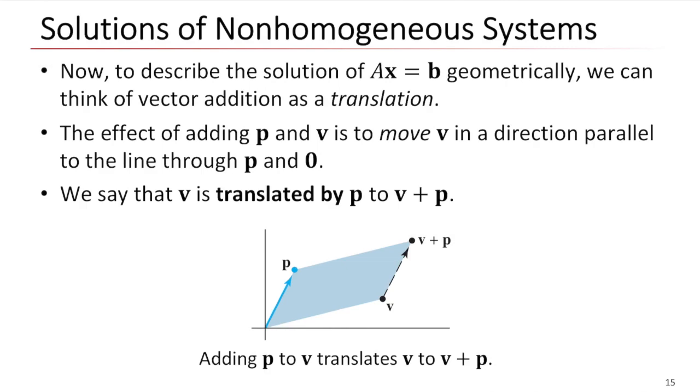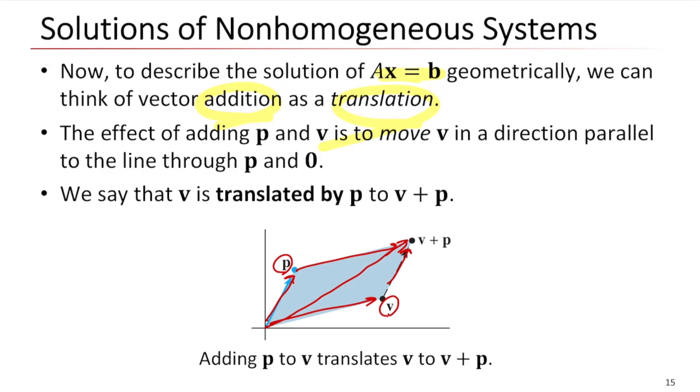First of all, to describe the solution of Ax = b geometrically, we can think about vector addition as a translation. What does that mean? If you remember the vector addition, we have a vector p and vector v, and the vector v plus vector p looks like this, right?